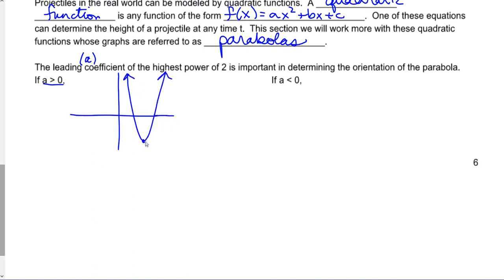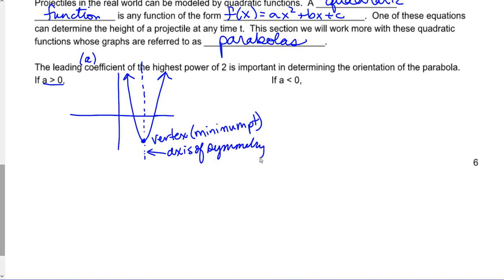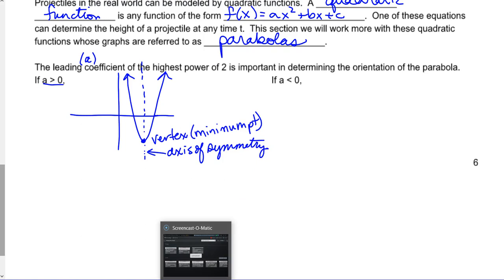It has a vertex down here, which is going to be a minimum point, the farthest down that we have. And we have something that is referred to as the axis of symmetry.